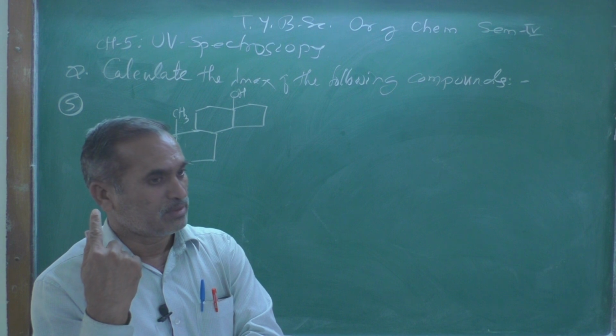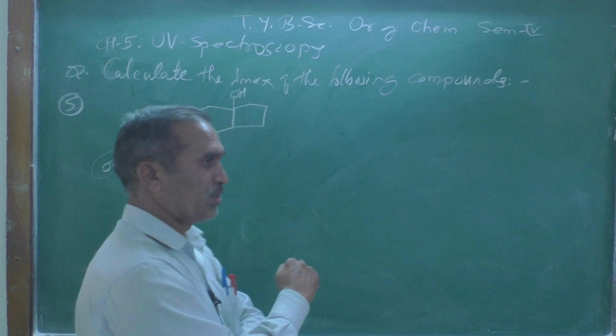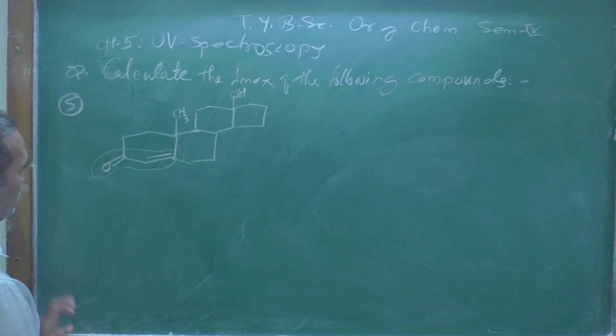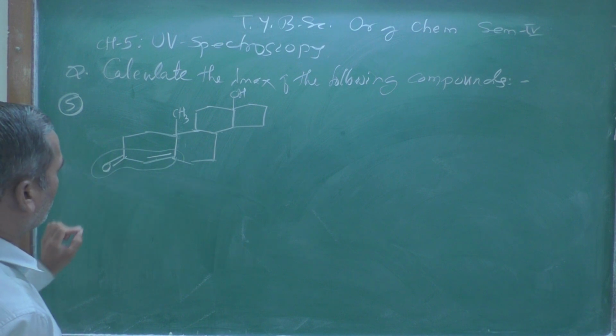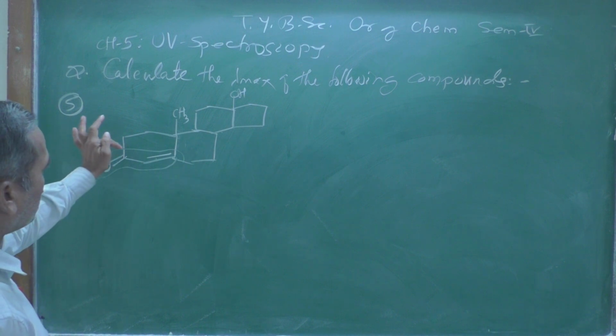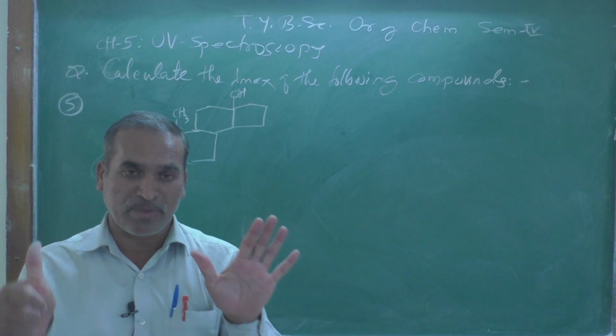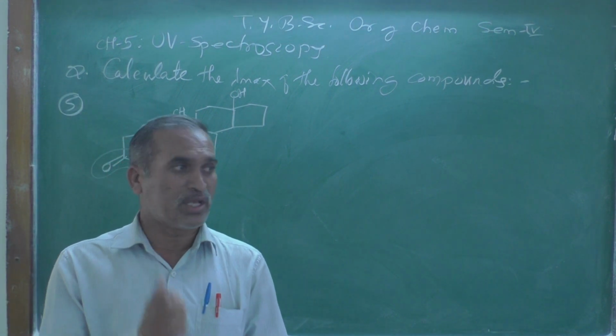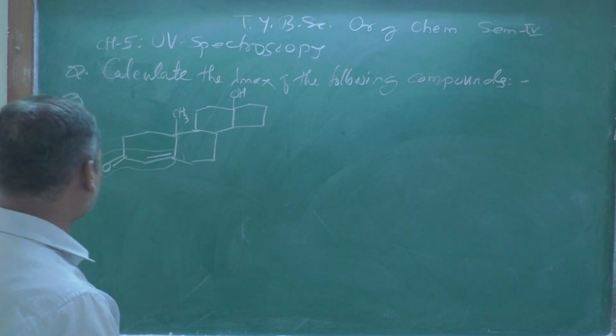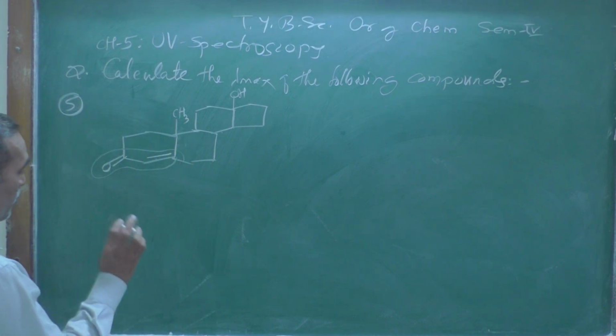So as I already told you, focus on that carbonyl group. This carbonyl group is attached to the 6-membered ring, and therefore the base value must be that one.